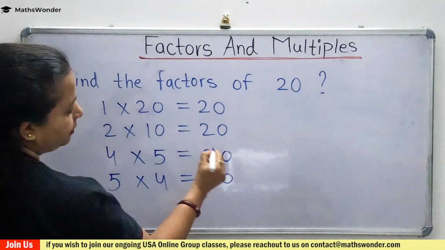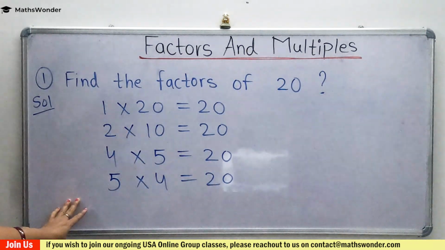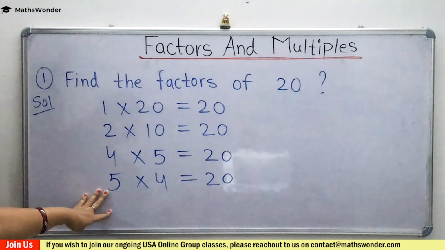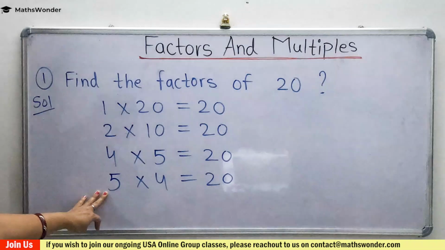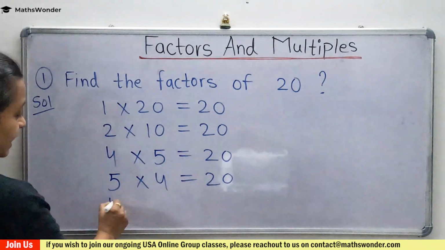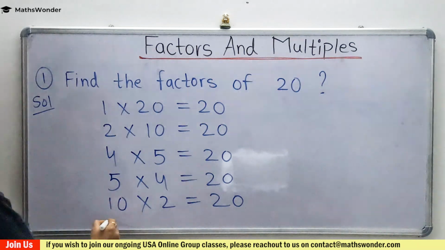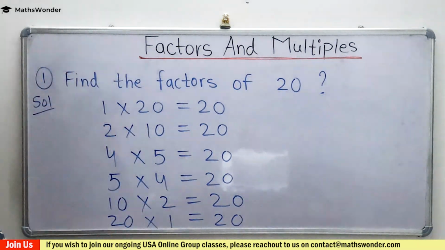Then does 6 give 20? No. 7? No. 8? No. 9? No. 10, 10 times 2 gives 20. And 20 times 1 gives 20, so there's no need to write the same thing again and again.